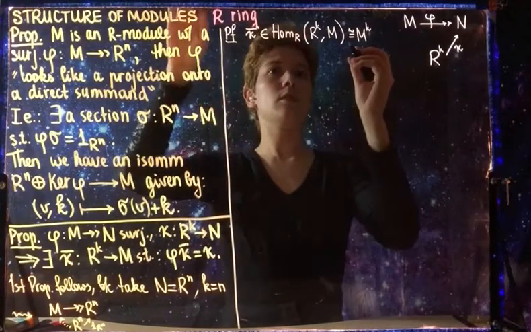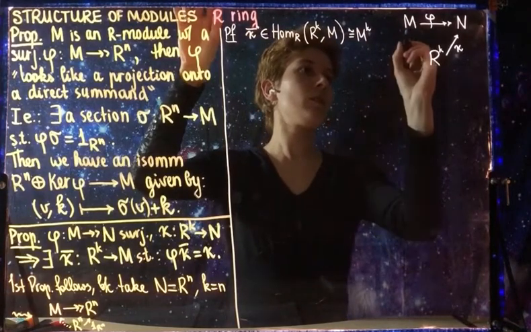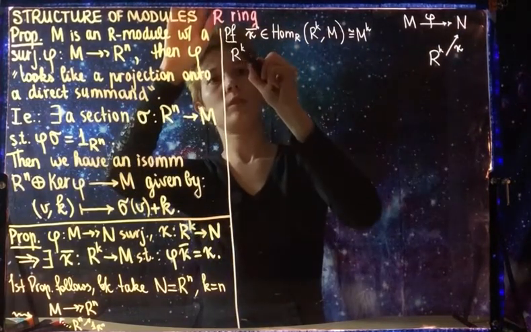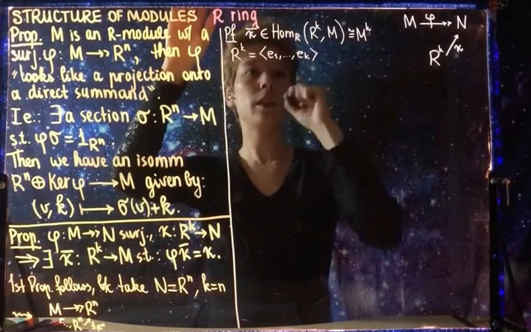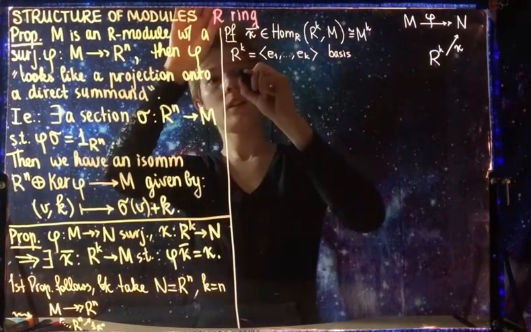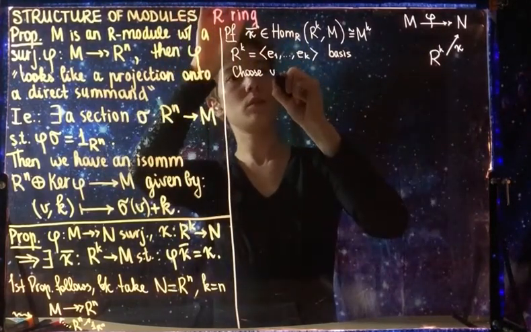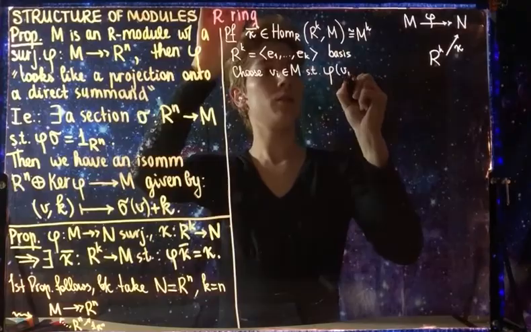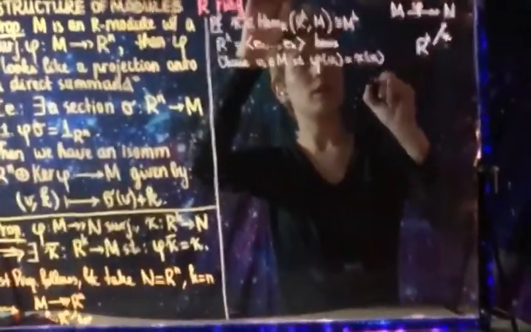And so we just need to find k elements in M that go to the images of the basis vectors of Rk. So denote the standard basis vectors of Rk by e1 through ek. And choose, because phi is surjective, choose vi in M such that phi of vi is equal to kappa of ei.